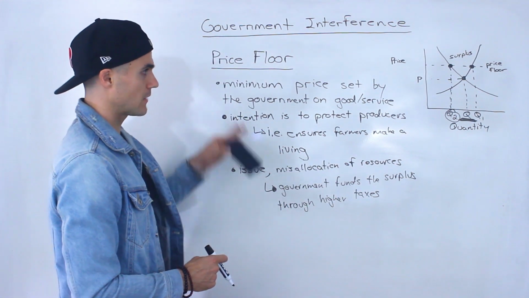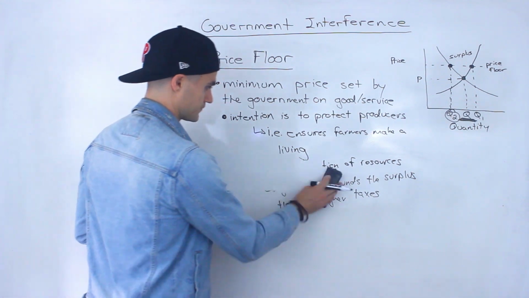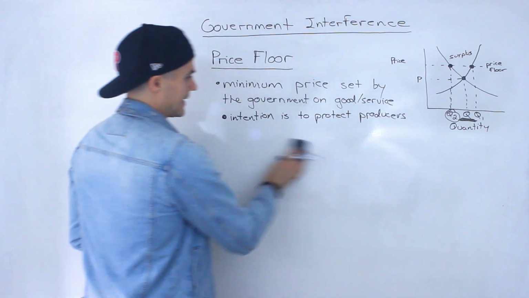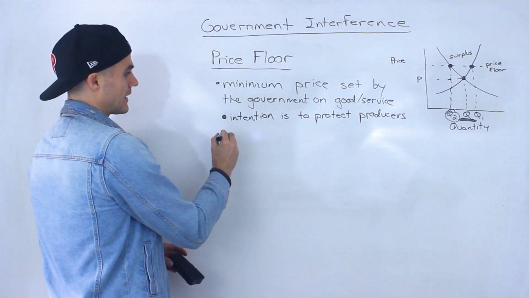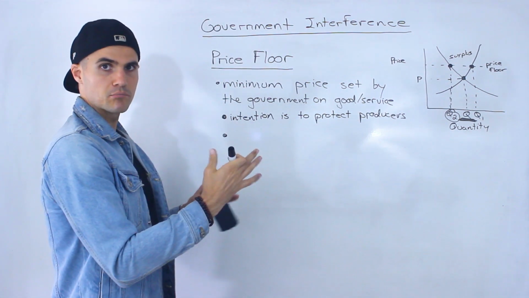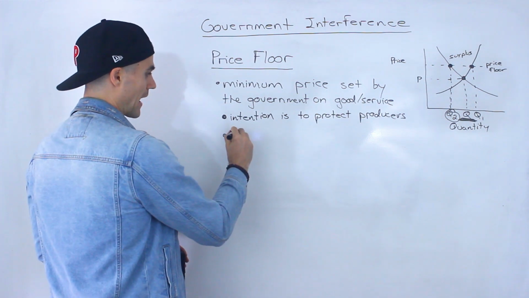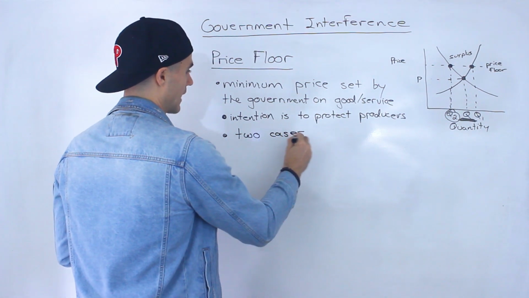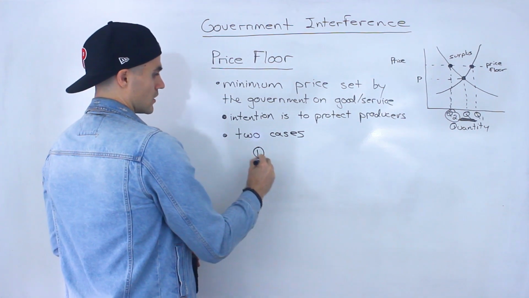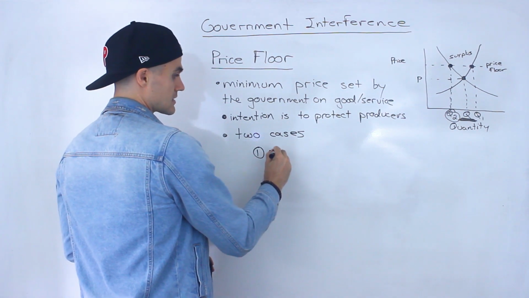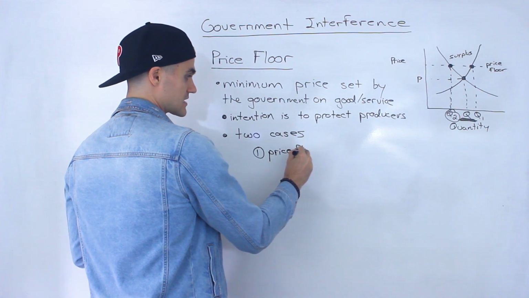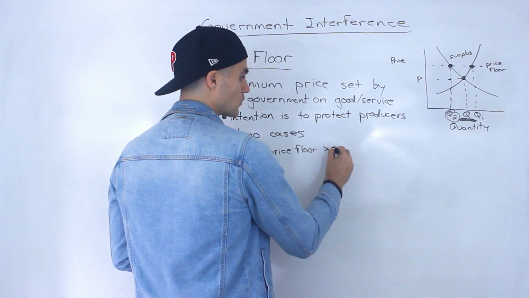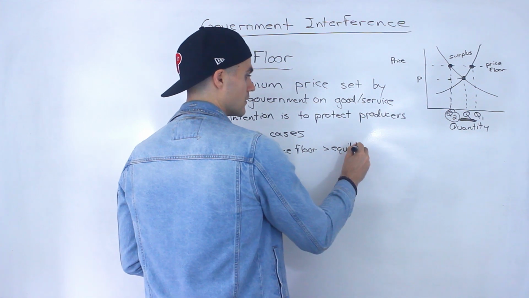Now, the last thing I want to mention about a price floor, I'm going to erase this part here, is that a price floor doesn't necessarily prevent market equilibrium from happening. There are actually two cases. The first case is the one we've been discussing mostly: if the price floor is greater than the equilibrium price.